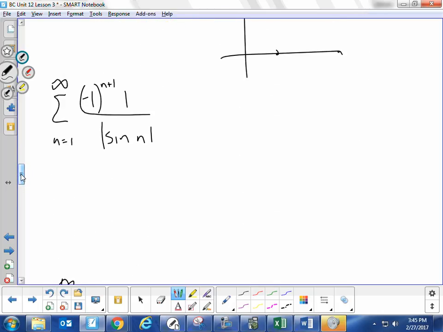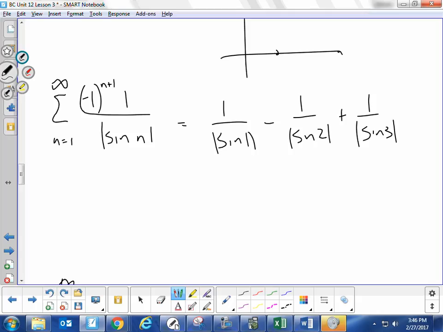Let's look at this. Negative 1 to the n plus 1 times 1 over the absolute value of sine n. So it ends up being 1 over sine 1 minus 1 over sine 2, as long as it's absolute value, it's like positive, plus 1 over sine 3. Will this converge based on our knowledge of the alternating series and its convergence?